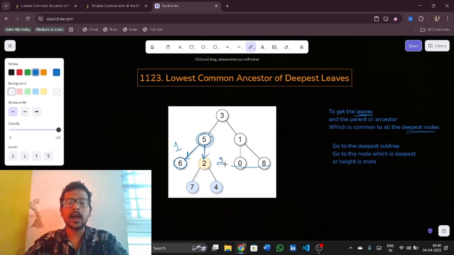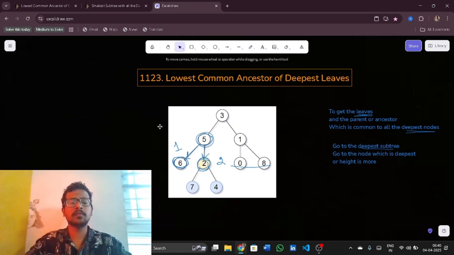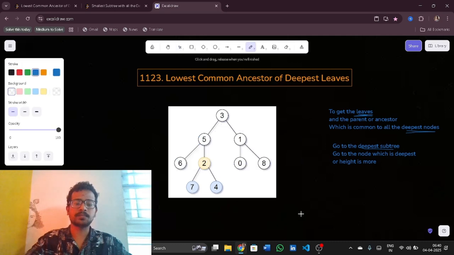Now, I ask you this question again: whether I need to go left or right. Go to the deepest subtree, the node whose height is more. This subtree has a height of 2 and this subtree has a height of 1. This one is more, so I prefer going to node 2.